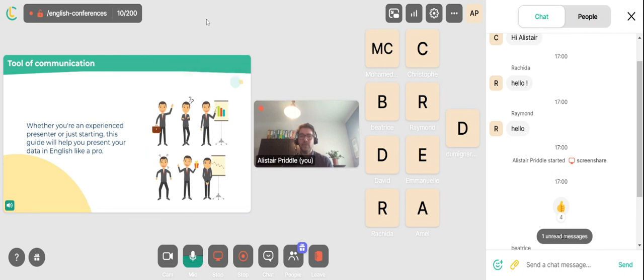Whether you're an experienced presenter or just starting, this guide will help you to present your data in English like a pro.